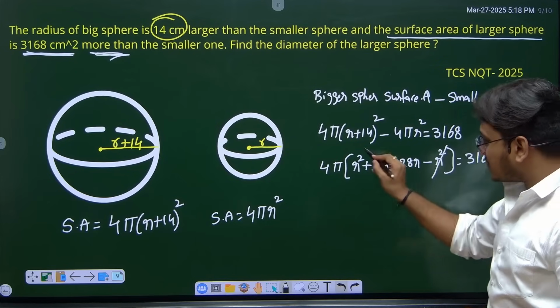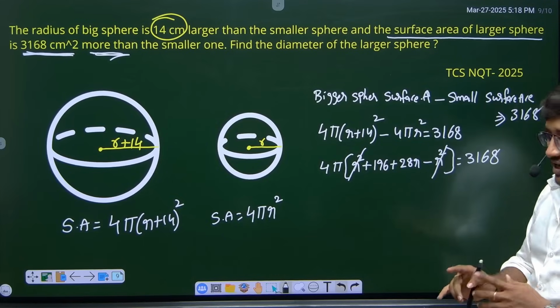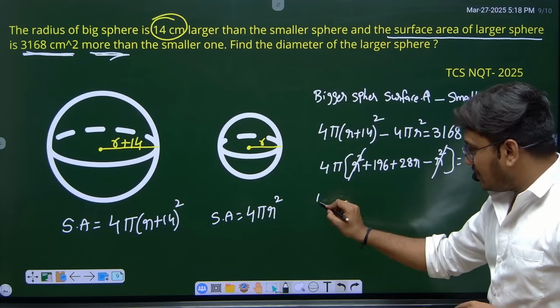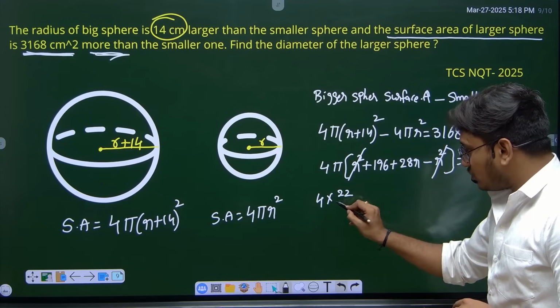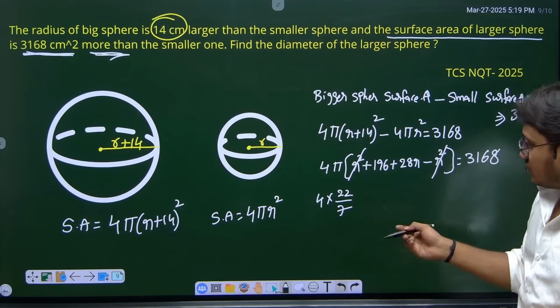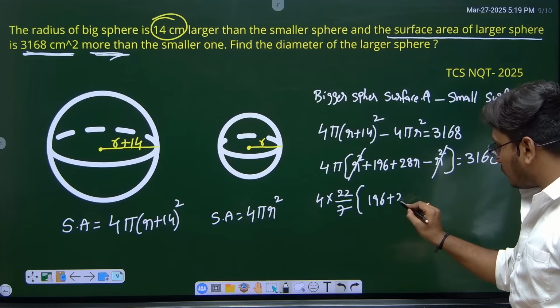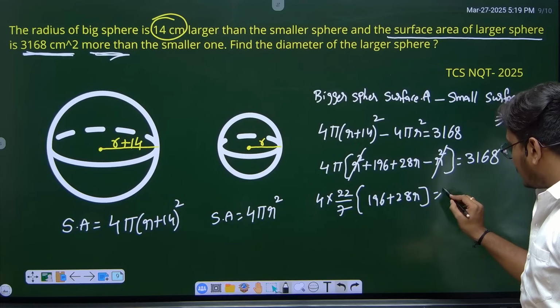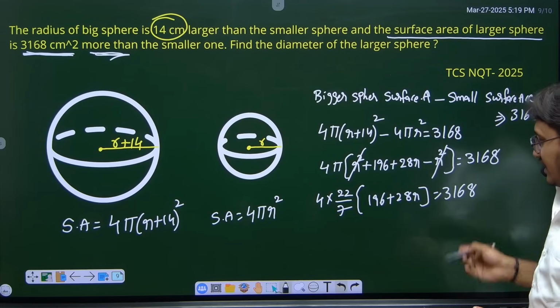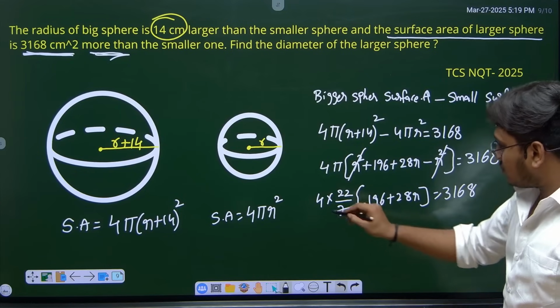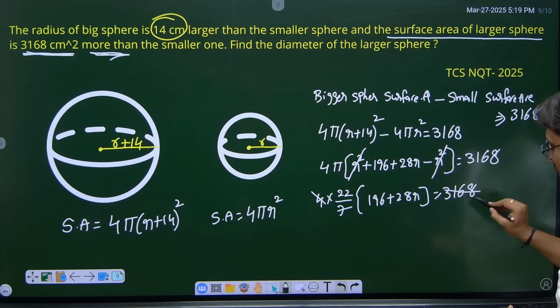Now r square will get cancelled. Now 4 pi means 4 into 22 by 7, obviously the pi value is 22 by 7, into 196 plus 28r is equal to 3168. Let's try to cancel it out, 4 with 4 table.